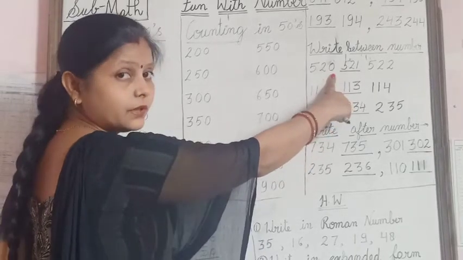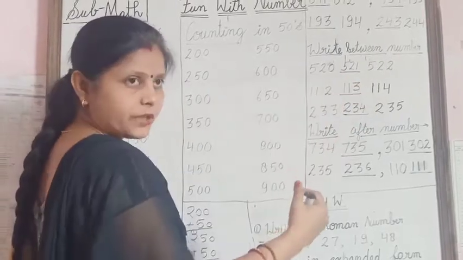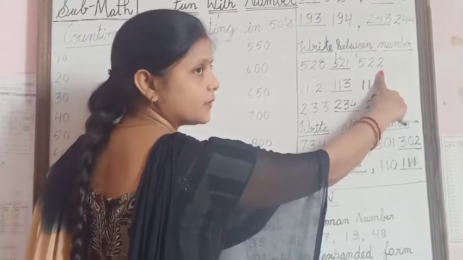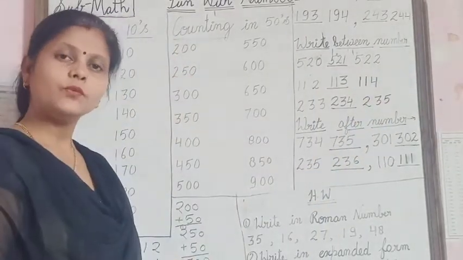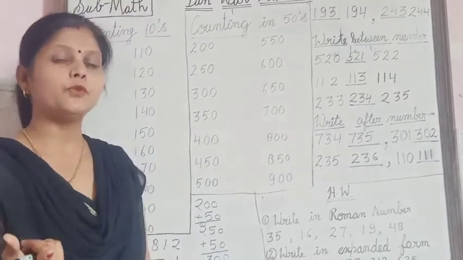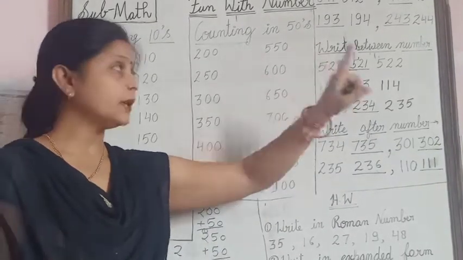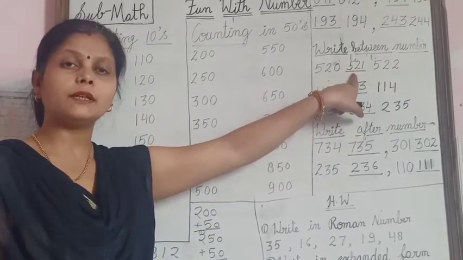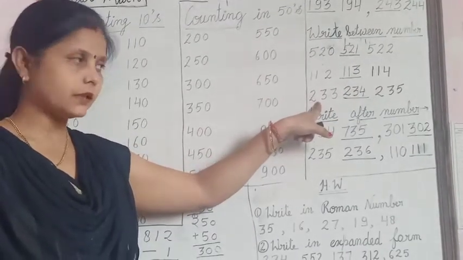When you add 1, you have 521. And the second choice: for the before number, subtract 1, and you have 521. So the between number you can find in two methods. If you want, add 1, or if you want, subtract 1. So you have 521. This is an example.